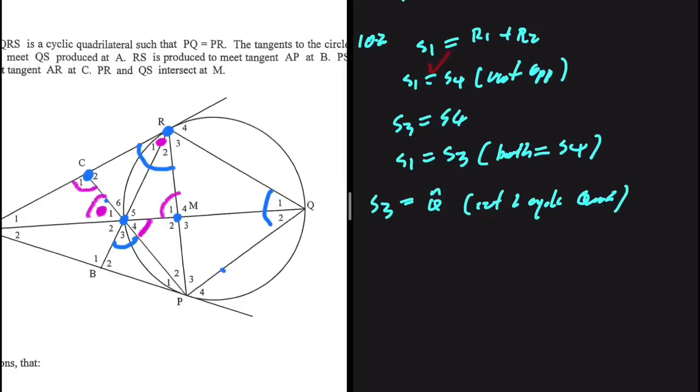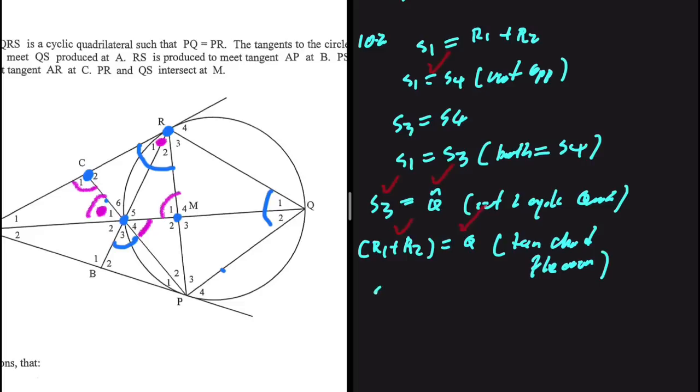R1 plus R2 should be equal to angle Q because of the tan chord theorem. You will see where I'm going with this when I connect the dots at the end. So S3 is equal to R1 plus R2 as they are both equal to Q.